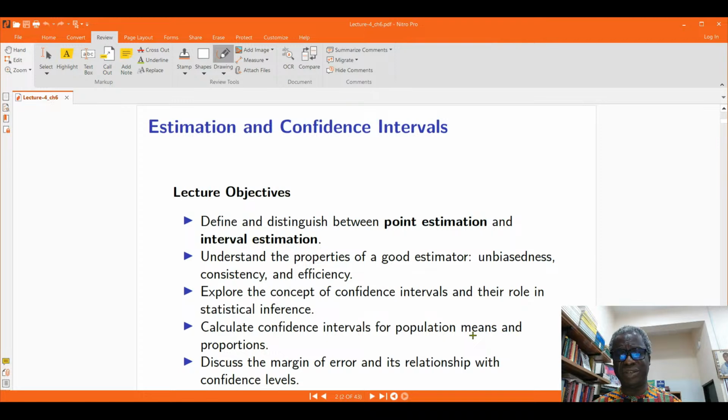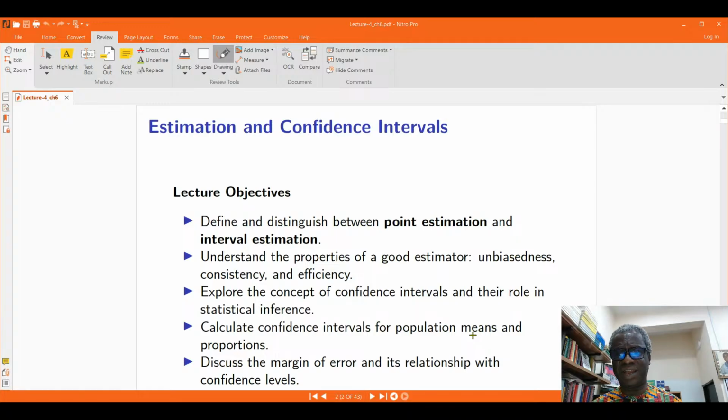And estimation is very important, particularly if we have an unknown population quantity and we need to estimate it.